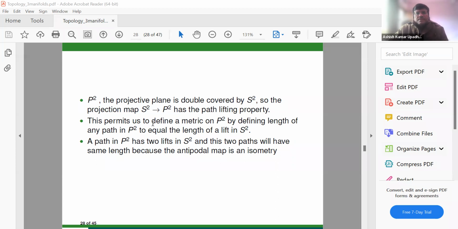So this permits us to define a metric on RP2 by defining the length of any path in RP2 to be equal to the length of the lift in S2. If I can draw, let me try to draw it here.